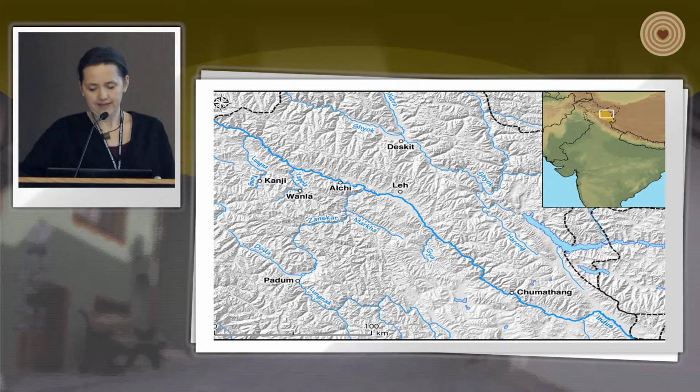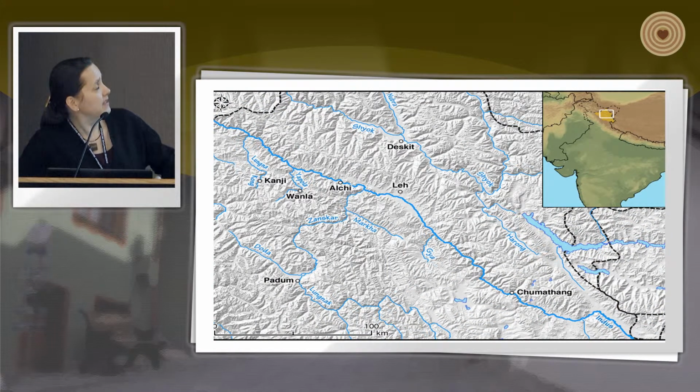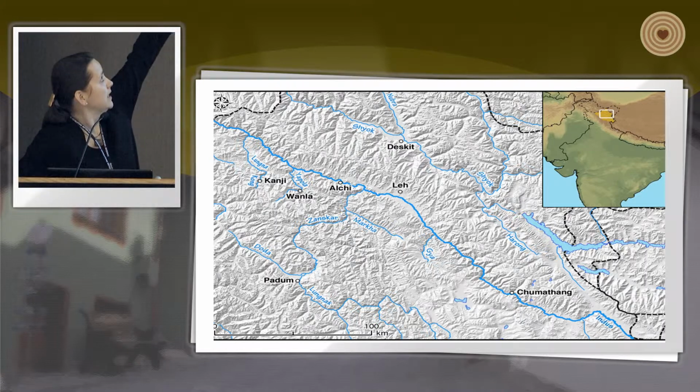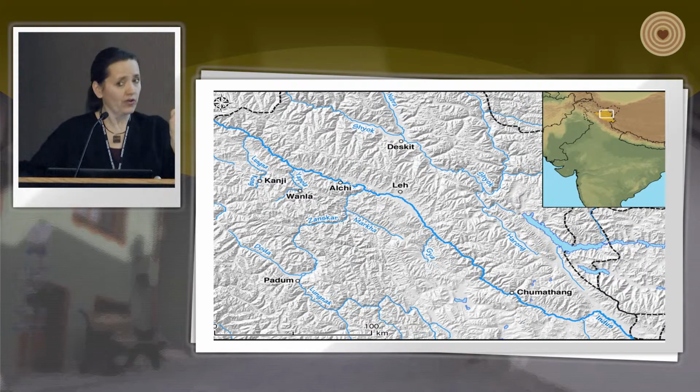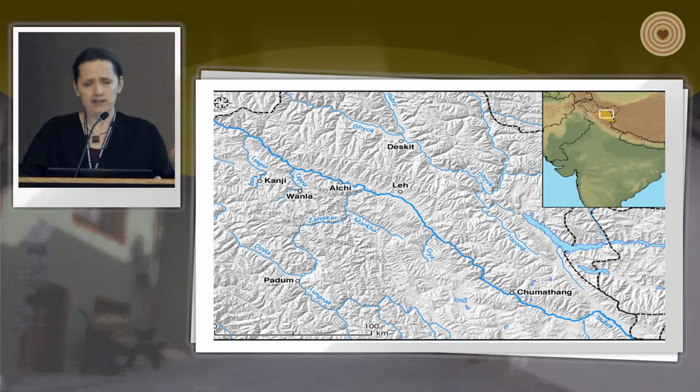Here is Ladakh. Where is it situated? You see India, and it's in the northeastern corner of India, next to Tibet, next to China, the Xinjiang area. Ladakh is part of the Kashmir Jammu area.